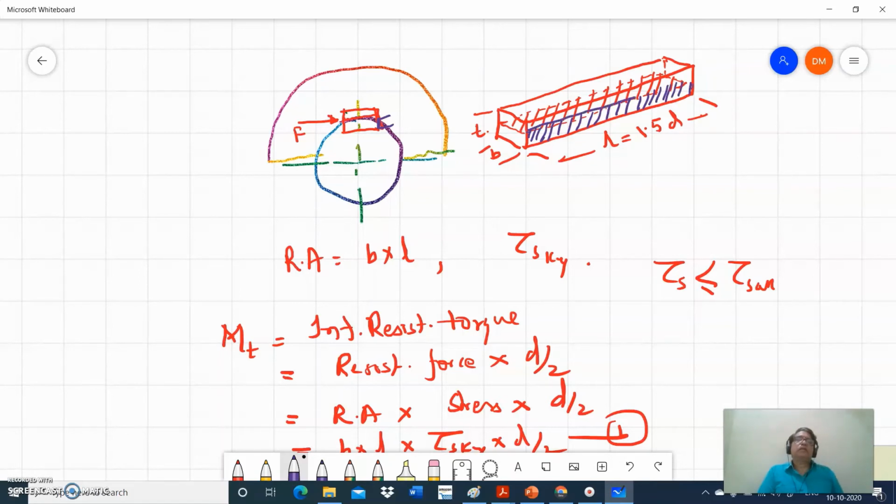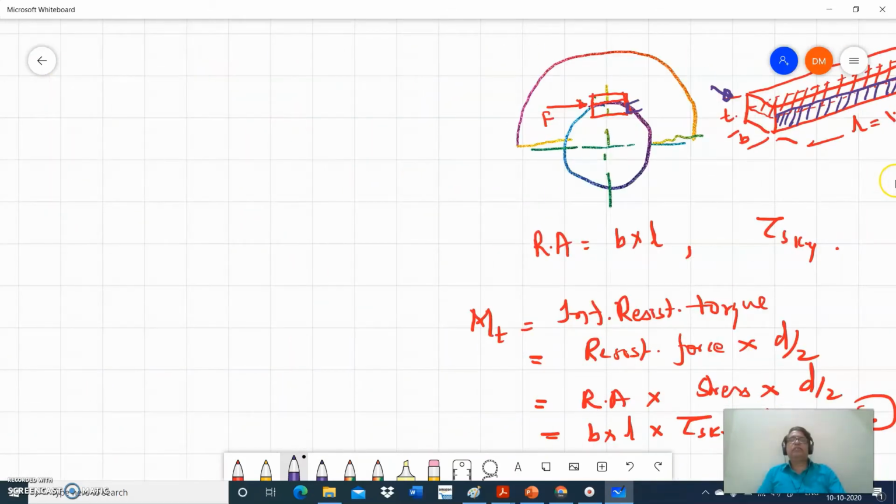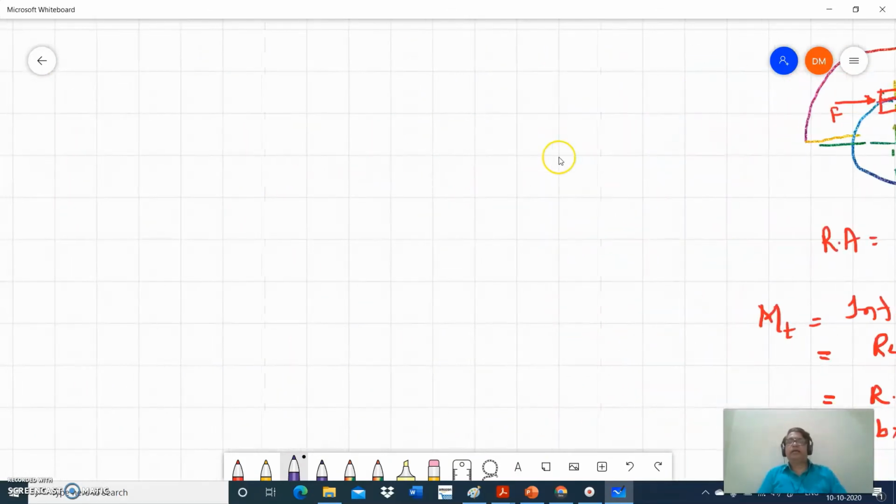What will be this thickness? It is T upon 2. So if the force is applied in this direction, this area is in contact with the shaft, or if you take the top portion, it is the half portion. So the area in contact is nothing but T by 2 into L.